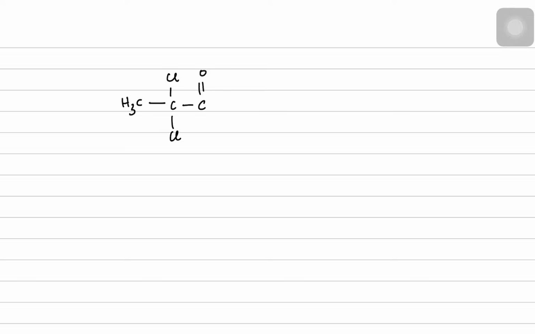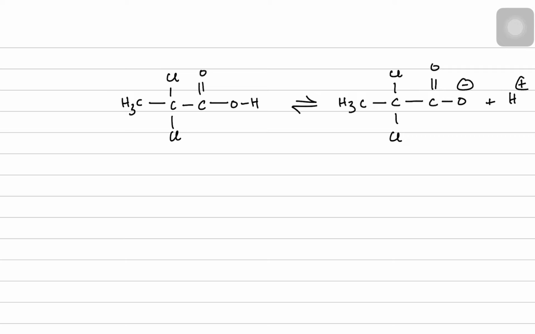Let's compare this carboxylic acid molecule which has two chlorine atoms attached to it. What actually happens is that once these kind of acids dissociate and release their H plus ions, which is also known as the proton, because of the electron withdrawing effect, the negative charge on the oxygen atom is more delocalized because there are electronegative atoms pulling it.